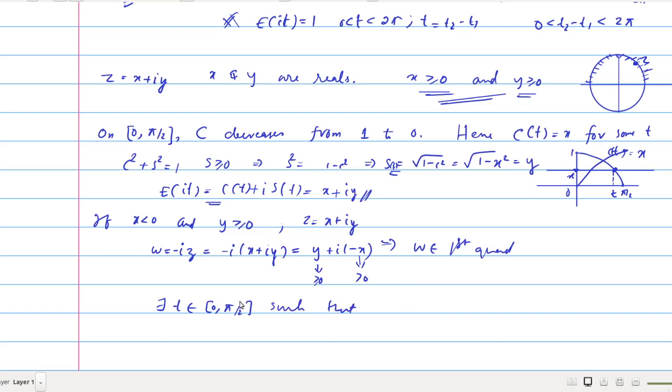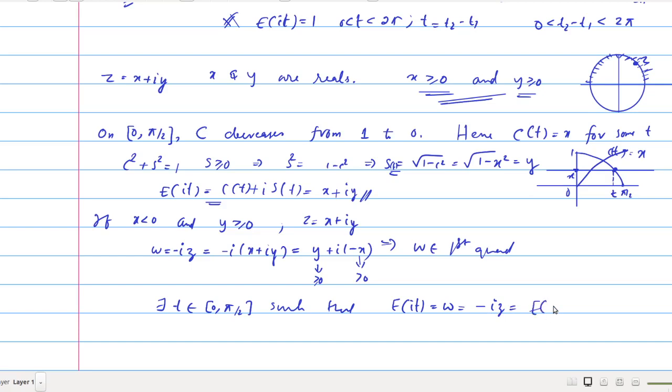Here we can assume an open interval because we are not considering x equal to 0, such that e to the power i t is equal to w, since this w lies in the first quadrant. Since e to the power i t is equal to w, which is equal to minus iz, we have e to the power i t equals minus iz.